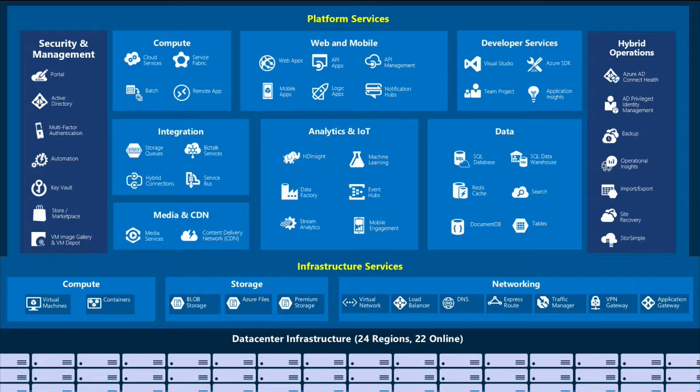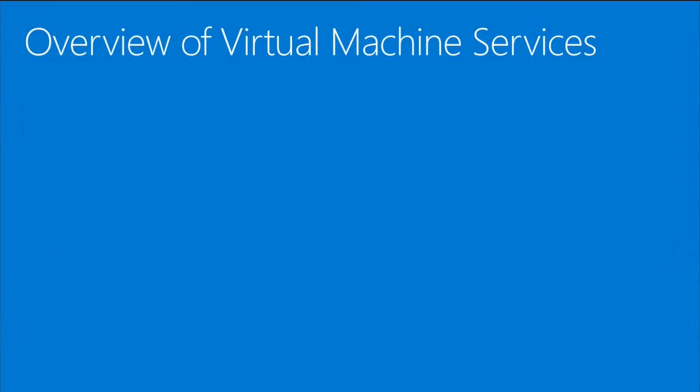Pillaring that on both sides are security solutions and management, which we'll see a lot of today within the portal and Azure Active Directory, as well as the hybrid solutions that I talked about, from site-to-site connectivity to advanced things like Azure Site Recovery that allows you to use Azure as a disaster recovery region. This just gives you a broad view. We're now going to narrow in on the infrastructure services for this talk.